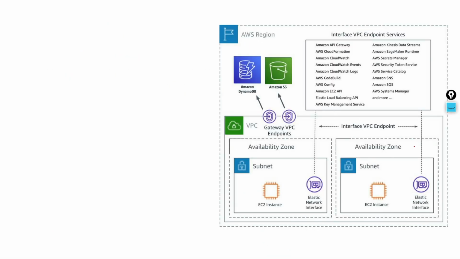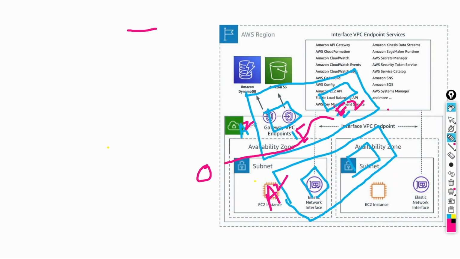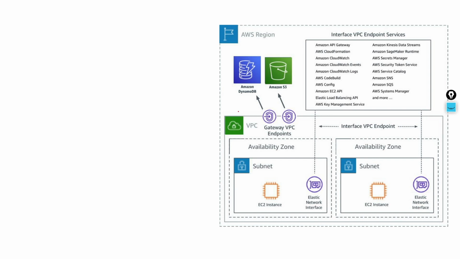Here is one more diagram I have to showcase, you can see guys. Here is the gateway VPC endpoint and here is the interface VPC endpoint. The gateway endpoint we use for two services, as I said, S3 and DynamoDB.